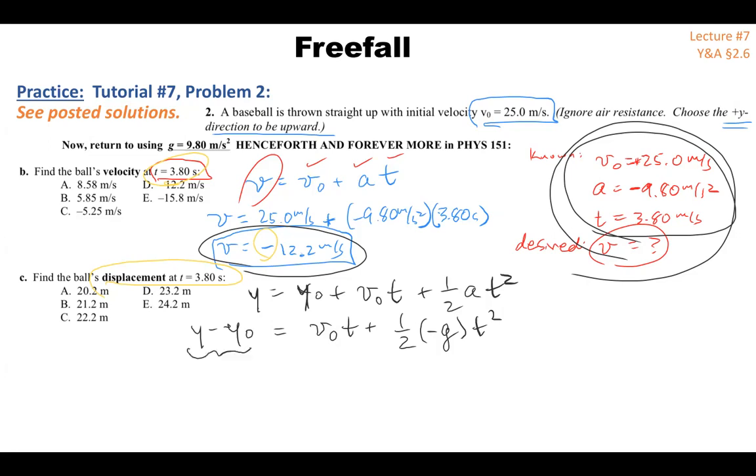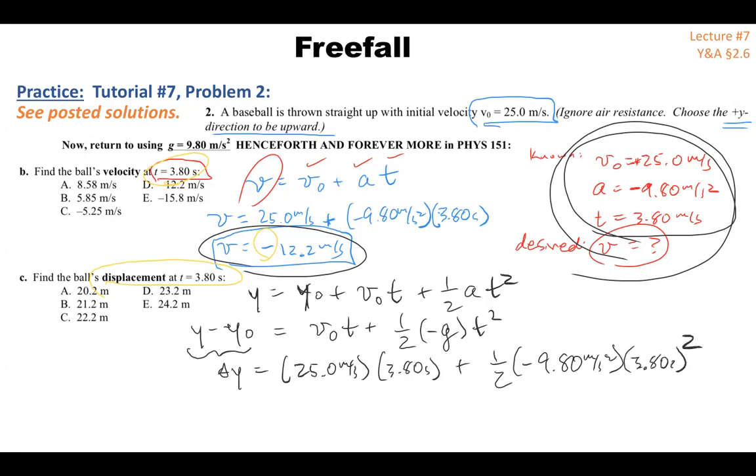And now we can solve. Good. So the displacement is still positive, which means that the ball is still above its starting position, which is what we expected from our prediction.